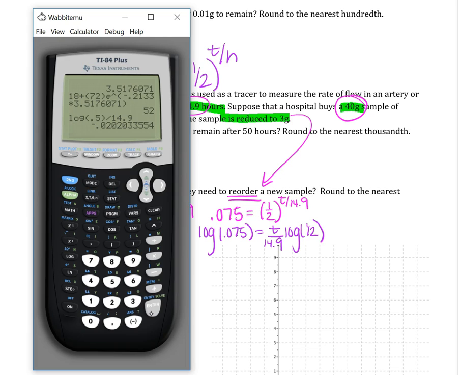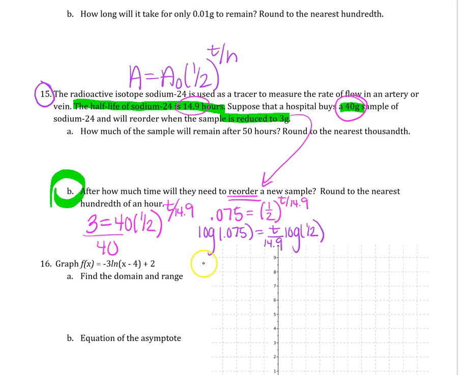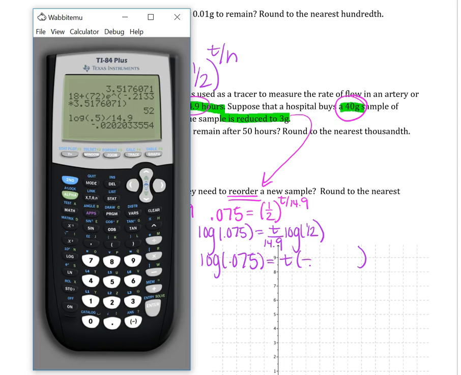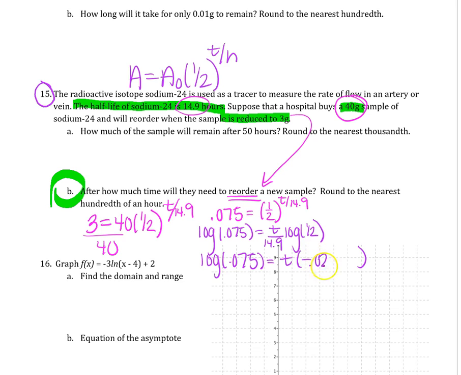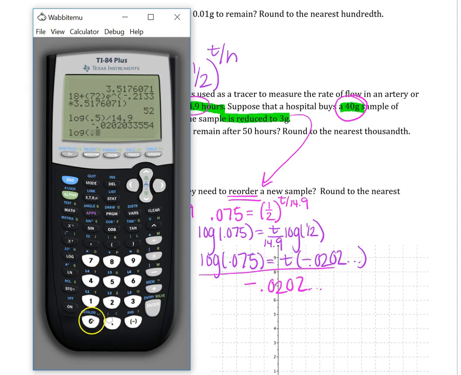So I have log of 0.075 equal to this number essentially times t, which is negative 0.0202 and so on. If I want to solve for t, I just have to divide both sides by that negative 0.0202 number. So in my calculator, I'm going to do log of 0.075 and divide that by said number.